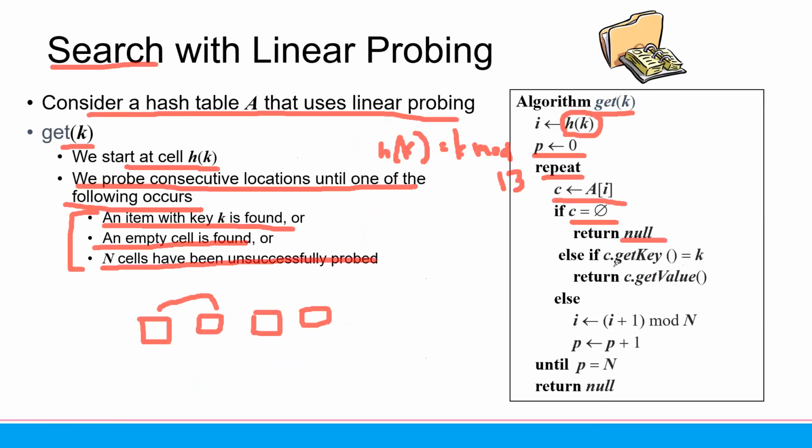But if the key is k, then let's get the value. But if it is not, let's go to the next: we have (i + 1) mod n as the next i, and p is incremented by 1. So it repeats until p equals n. If every element has been checked and we cannot find it, then return null.